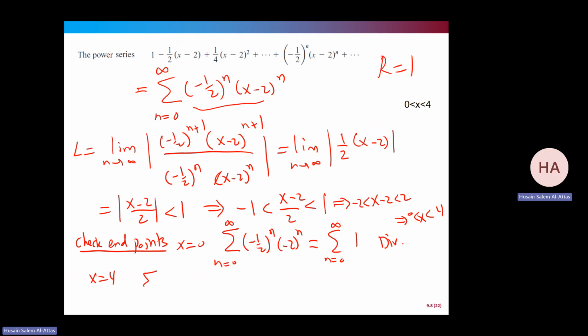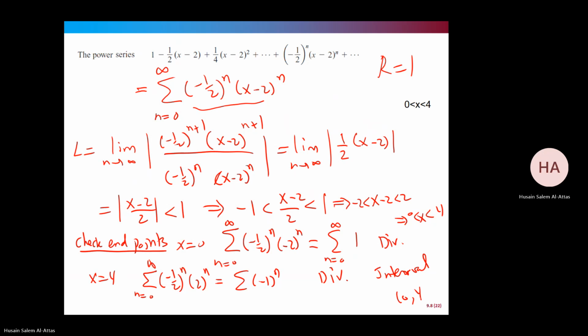What will be that? Summation of minus half to the power n, or minus 2 to the power n. That gives me minus 1 to the power n, which is also divergent. So the interval is 0 to 4, open.